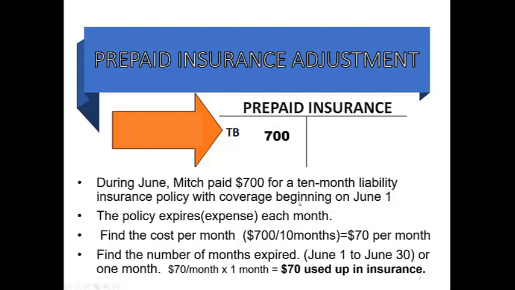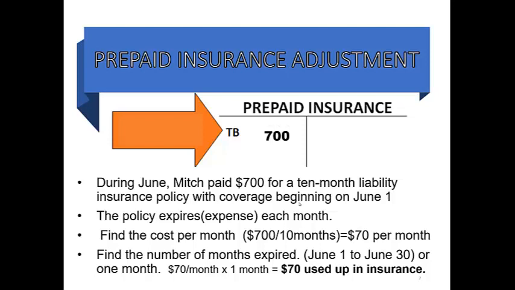So every month that passes, 1 month of insurance is getting used up. So what we're going to have to do is expense 1 month's worth of insurance here for the month of June. So step 1 is to find the cost per month for the insurance.